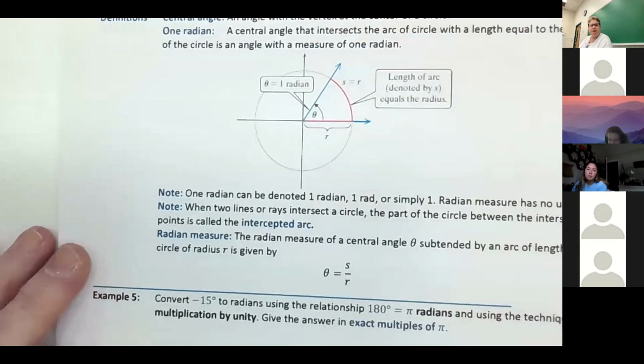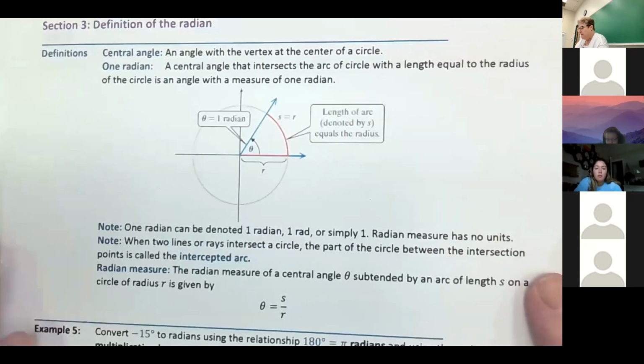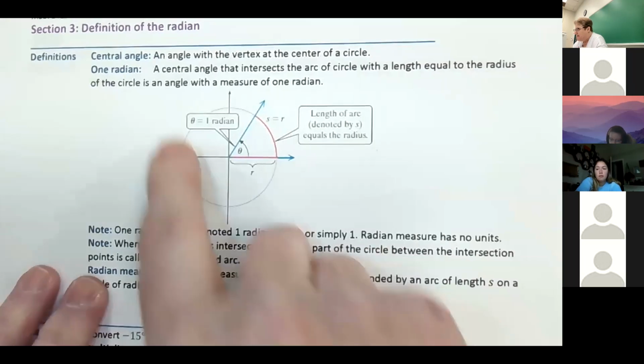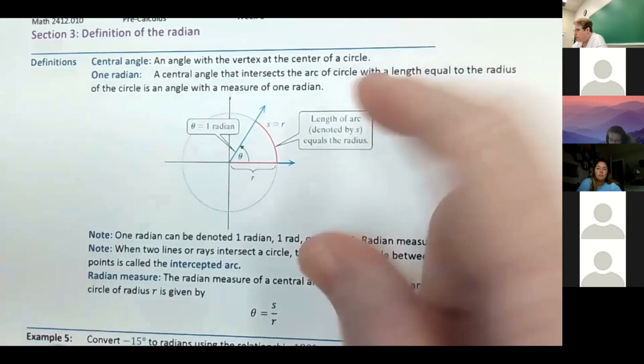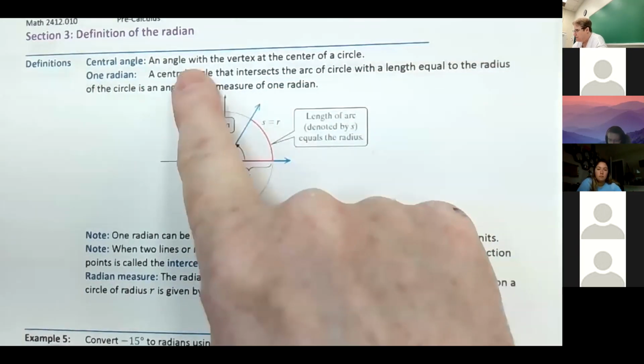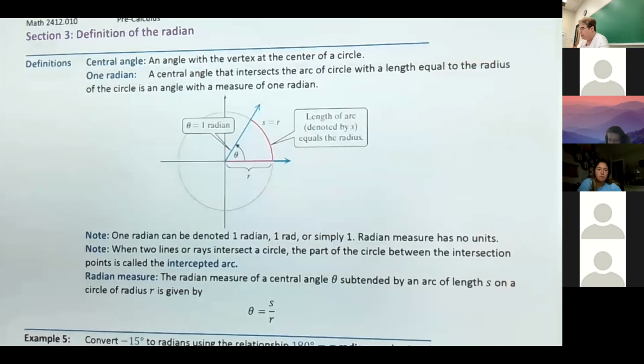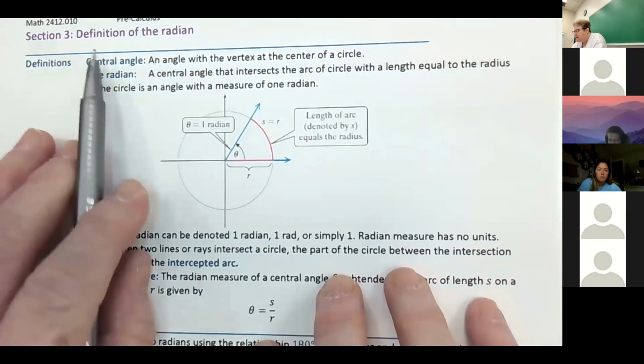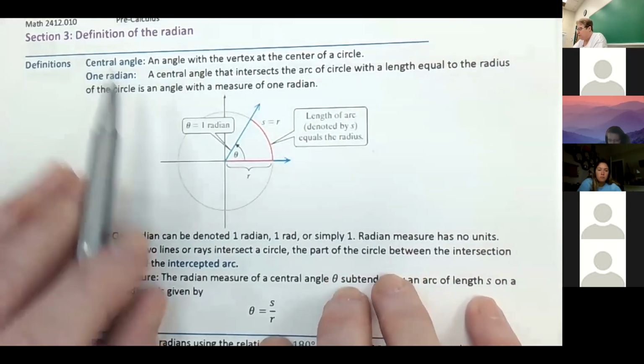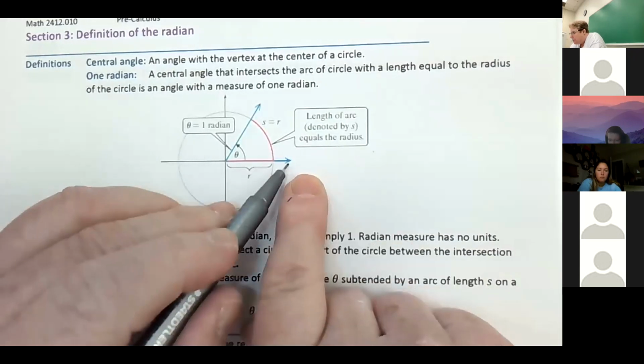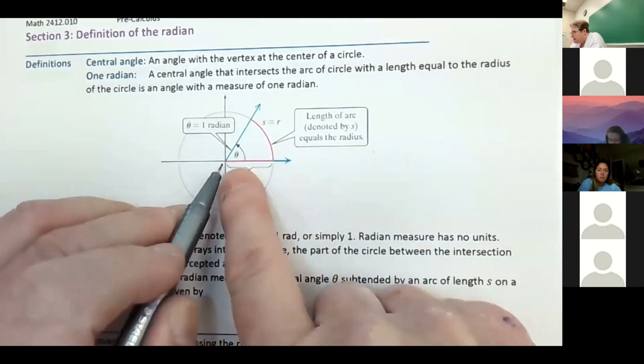More definitions. A central angle is an angle with a vertex at the center of the circle. And what we're going to do is use the standard position of an angle and central angle together. The positive x-axis will be the initial side.